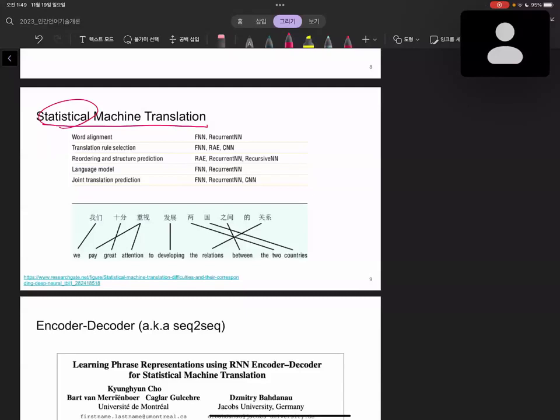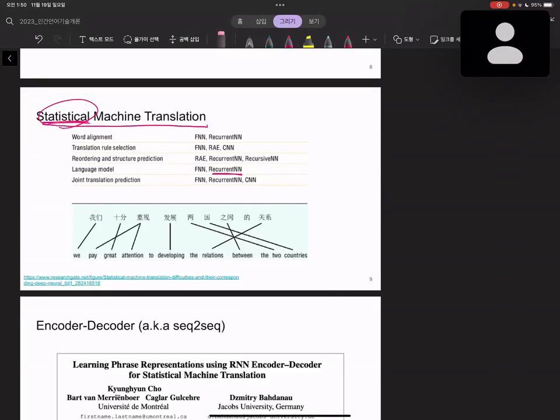This statistical machine translation did not use deep learning. They used an RNN, but it is hard to say it was deep learning.